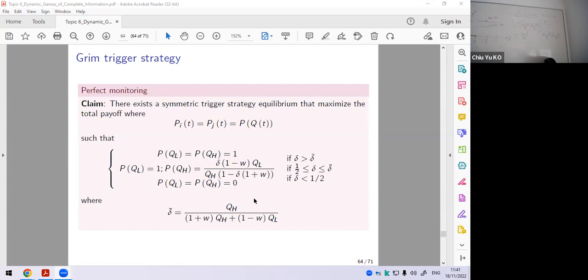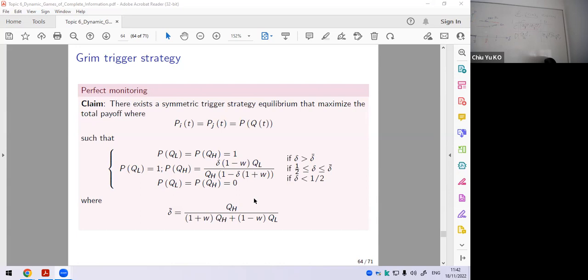Why did we have to increase the quantity? Because we need to make sure that deviating is not so much gain. The same idea goes on. If you deviate and gain so much, then you can't sustain. In the bad state, your payoff is already low, so there's not much gain to deviate. But in the good state, you have to make sure you don't earn that much. You have to lower the gain for the good outcome in order to sustain.